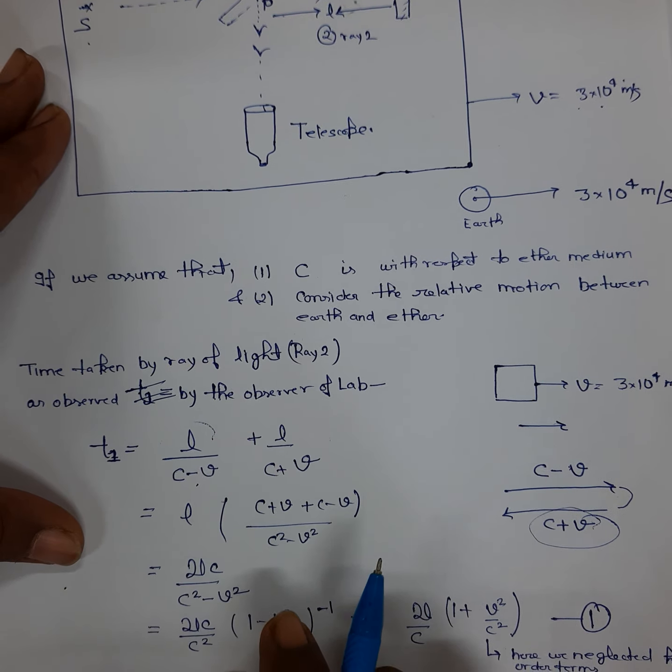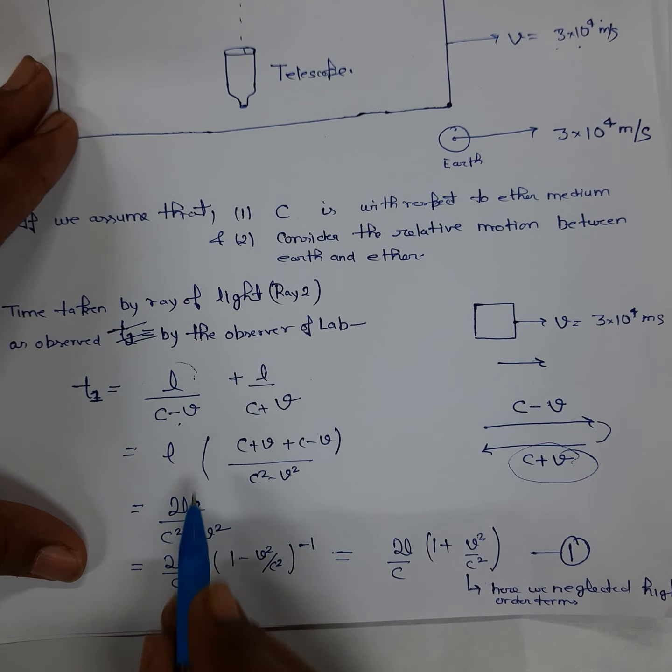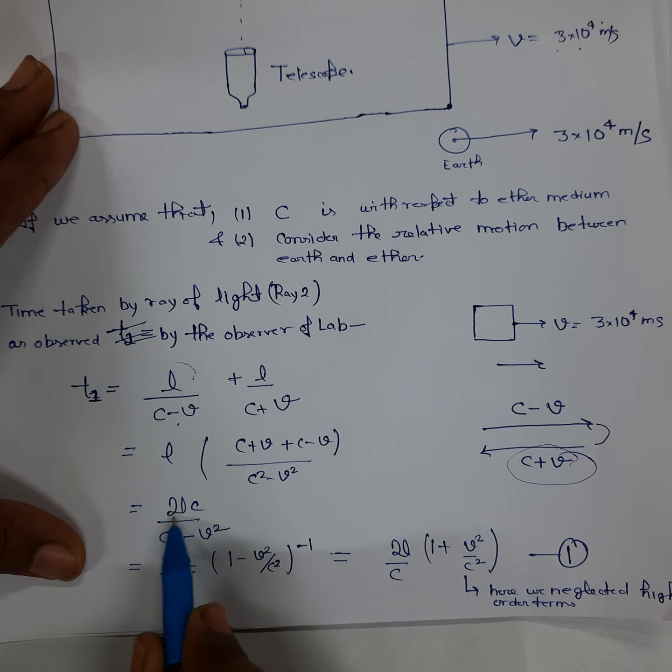So we can further simplify the time. We get here 2Lc by c squared minus v squared.